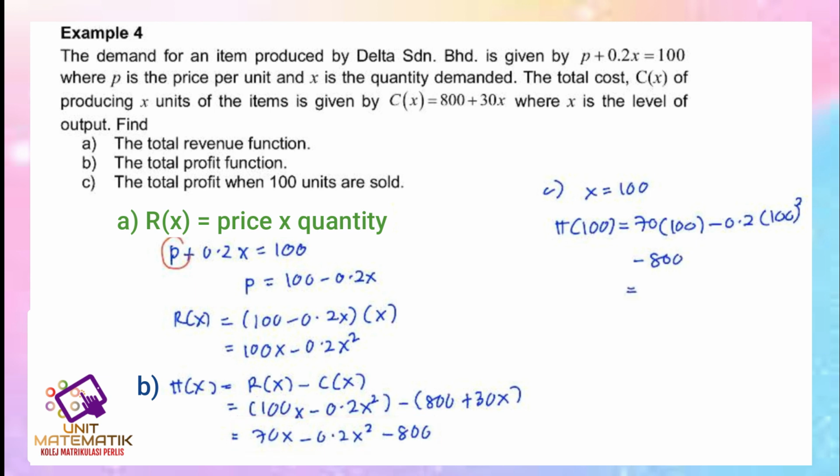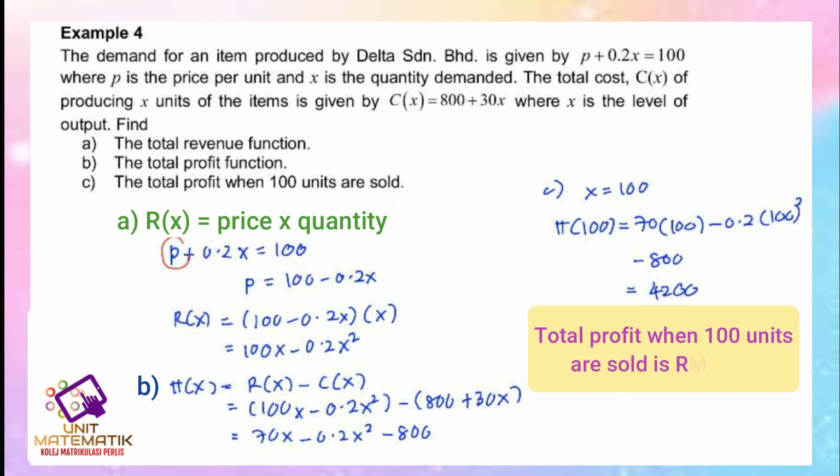Calculate the values, 4,200. The conclusion: the total profit when 100 units are sold is RM 4,200.